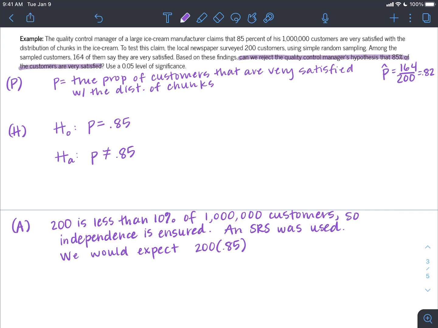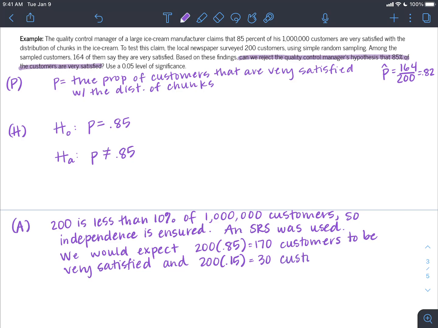So 0.85 times 200 gives me 170. So 170 customers to be very satisfied. And 200 times 0.15, N times Q, that would be 30. We'll just say not to be.